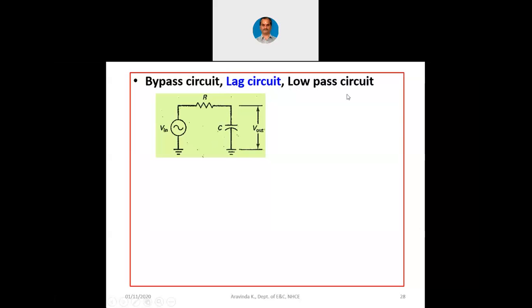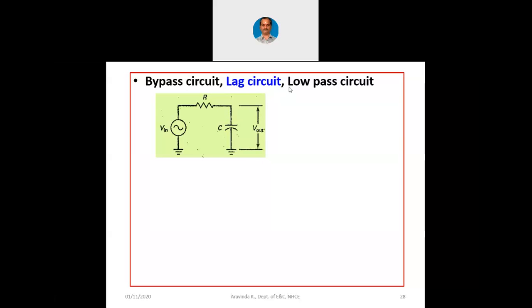It is also called a low pass circuit. Why? For low frequencies at the input, the capacitance will not offer lesser reactance. You know that Xc equals 1 over 2 pi Fc. When F is very high, the capacitance is going to offer much lesser reactance and the signal goes to ground, and the output will not have any value at that time.